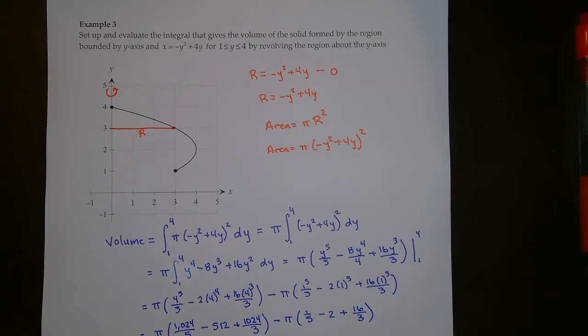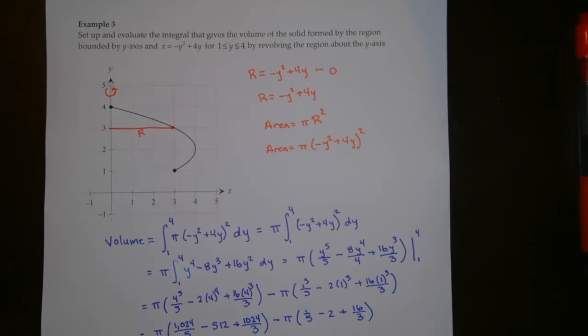Okay, so cleaning this up, I would put this in a calculator. We would get pi times 512 over 15 minus pi times, and then 1/5 minus 2 plus 16 thirds would give you 53 over 15.